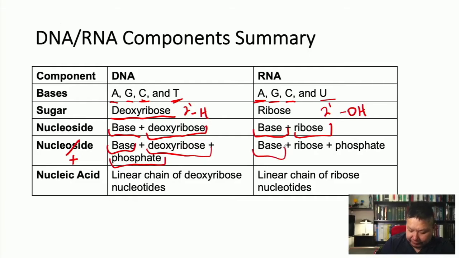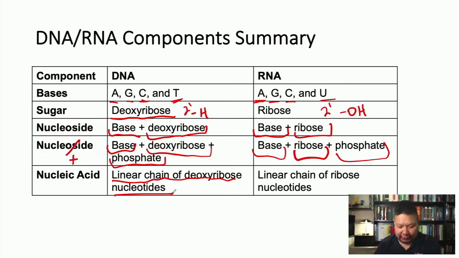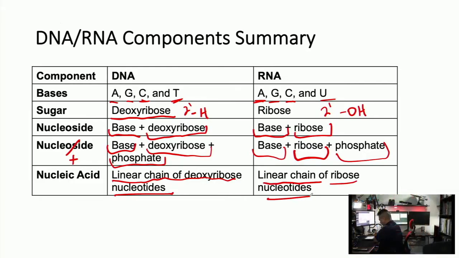Same thing here, base, sugar, and phosphate attached. And then nucleic acids are a linear chain of nucleotides. So that's that strand of DNA I'm talking about, right? Same thing with the RNA. It's also a linear chain of ribose nucleotides, right? Same thing.